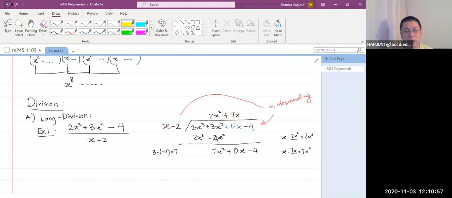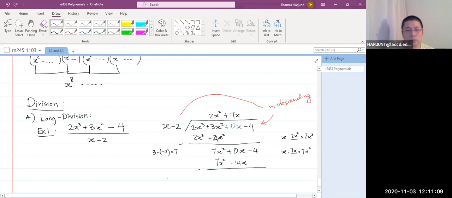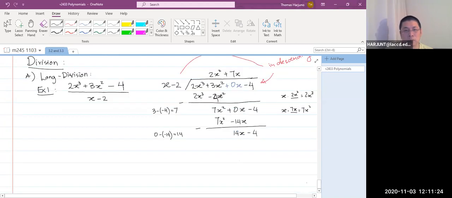Okay, 7x times x, as we expect, is 7x squared. 7x times negative 2 is negative 14x. Then we subtract. 7x squared cancels. Now 0 minus negative 14 is positive 14. This is 14x minus 4.